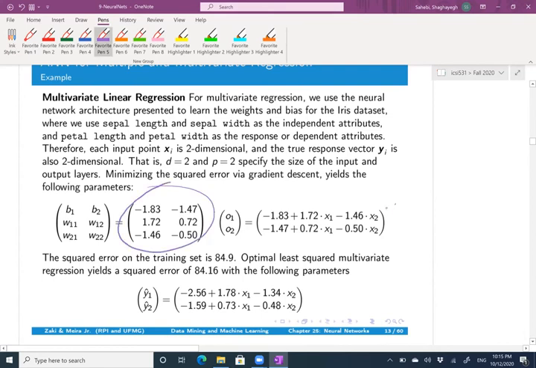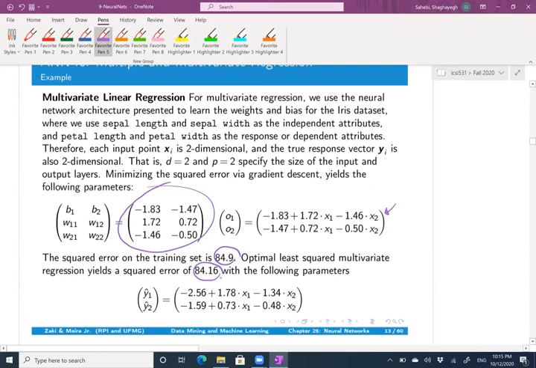And these are going to be our output data. And then using that, we are going to get a squared error of 84.9. But if we actually do the multivariate regression instead of the neural network, we are going to get a very similar squared error, 84.16.